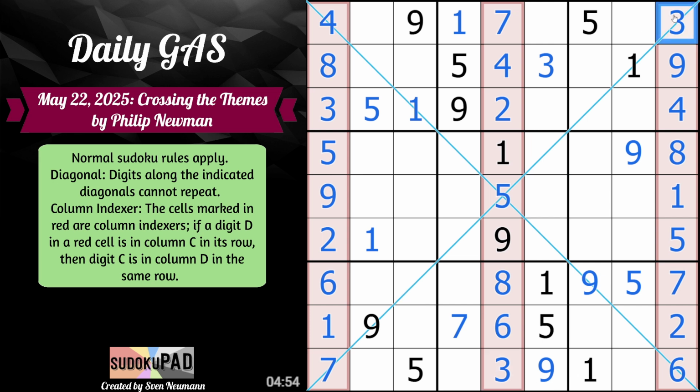Oh my goodness. 3, 7. I said 7 can't go here. I said 7 goes in one of these two cells, and then I completely ignored the diagonal. Never mind. I know what I was missing. 3, 7. 7 along this diagonal I guess can still go there.